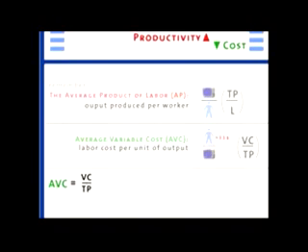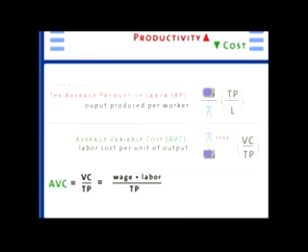Well, the variable cost, as we've said before, is equal to the wage multiplied by the number of workers you hire, and we can divide that by the total product of labor. Well, if that's the case, then I can divide both parts of the fraction by the number of workers that we hire, and we get this. W, that is the wage, divided by the total product of labor over the number of workers.